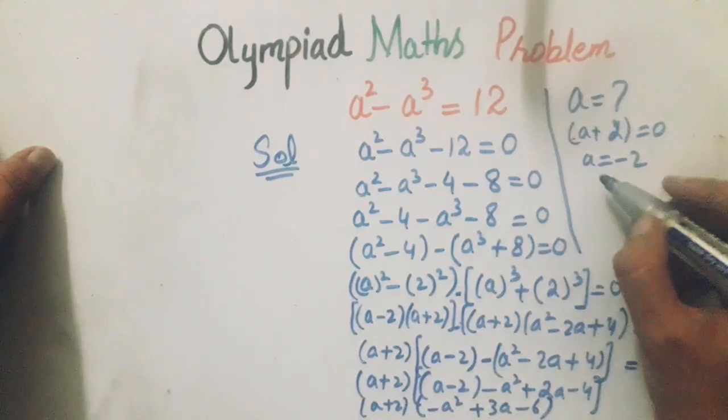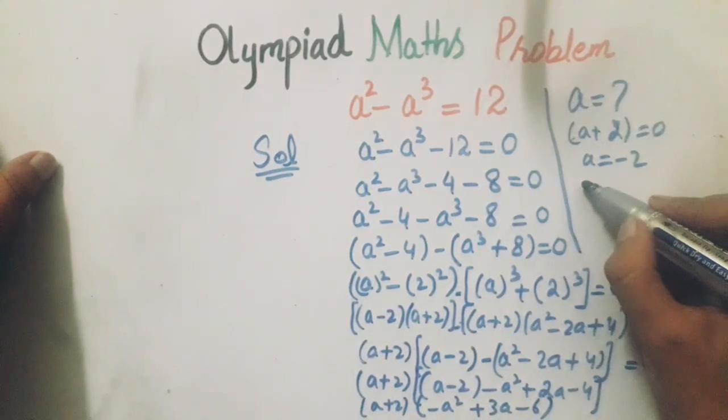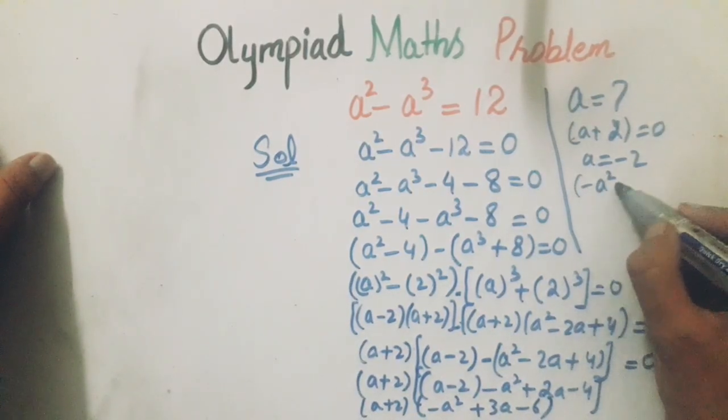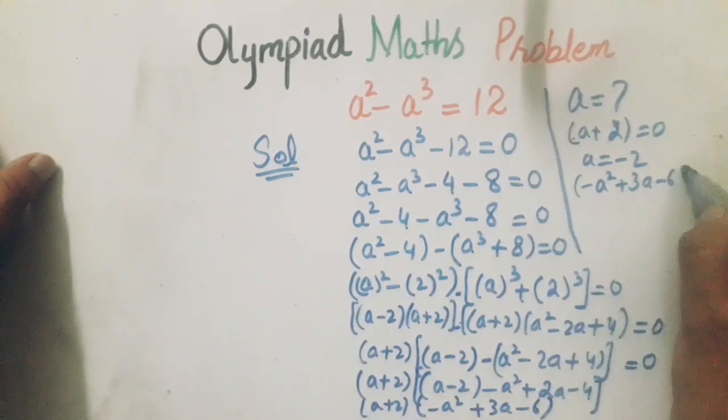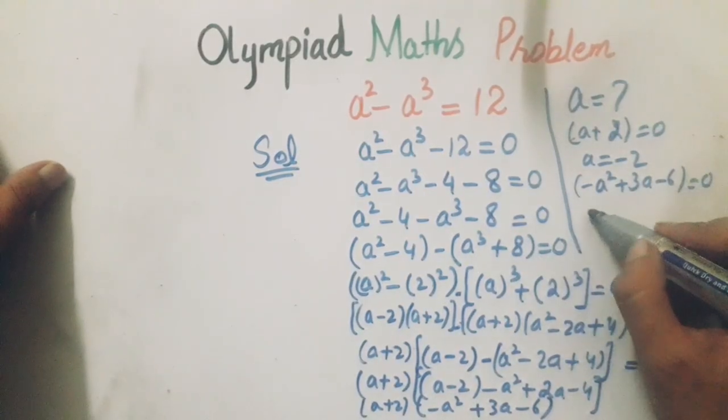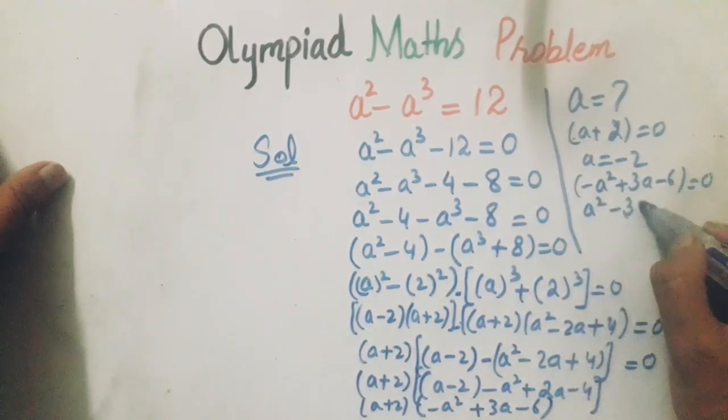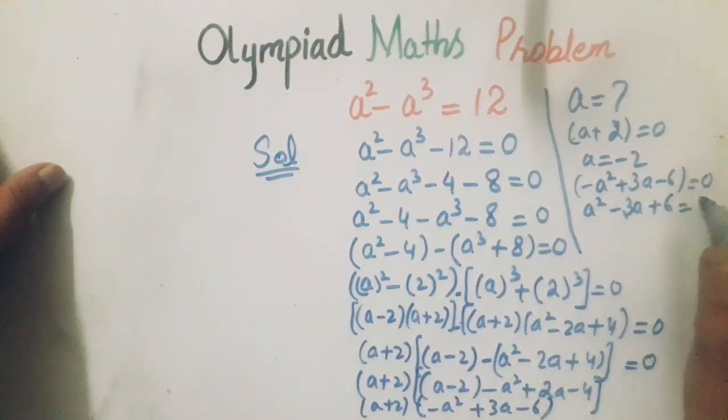So we have minus a square plus 3a minus 6 equals 0, and a square minus 3a plus 6 equals 0.